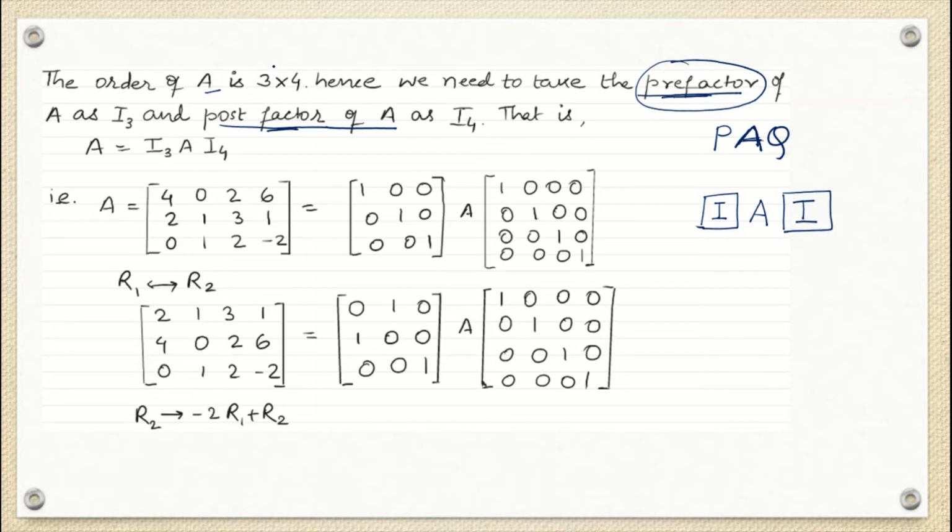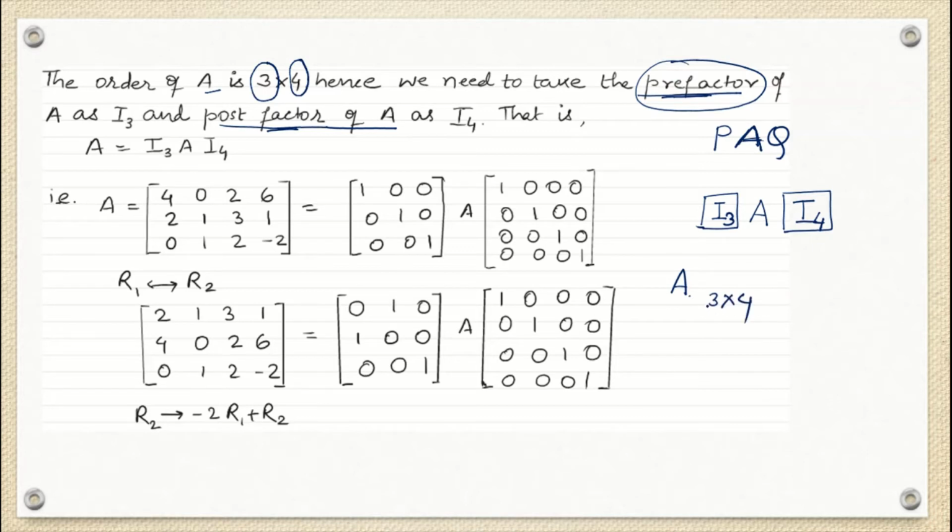The prefactor will contain the identity matrix of order 3 and the post factor will contain the identity matrix of order 4. That means here I am going to write I3 and here I am going to write I4. Why am I doing so? Because I know that this matrix A has order 3 cross 4.